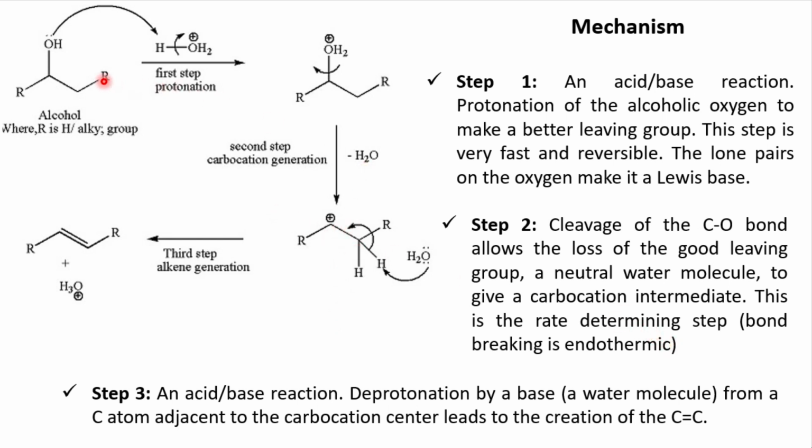So we have the protonation, the cleavage of the carbon-oxygen bond leading to the removal of water, and then the intermediate carbocation that is formed has to undergo deprotonation by a base to form our resulting alkene, right?